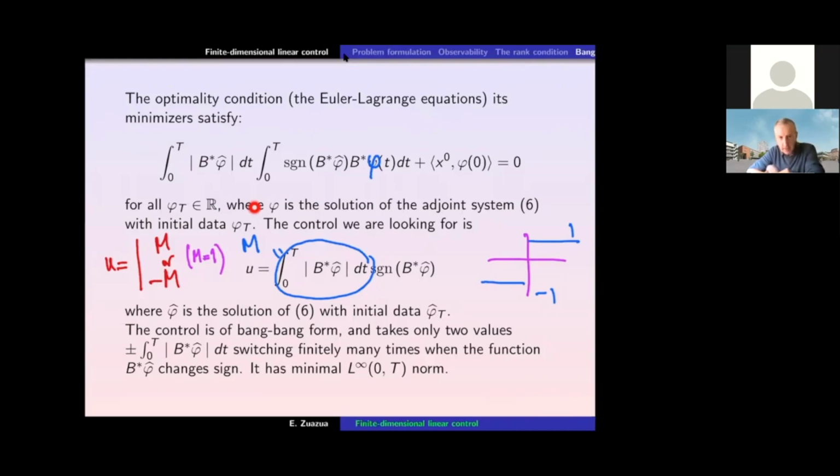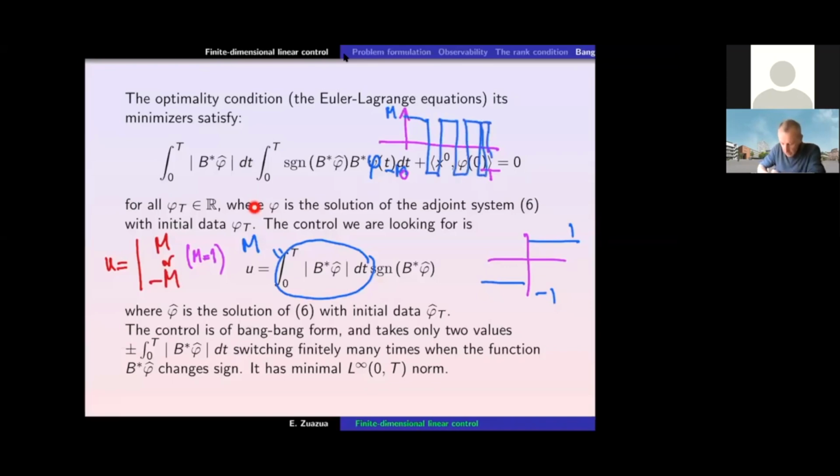Scale initial data. That's a good idea. So the idea of Cheche is that, you know, I had a time window, 0 to capital T, and I experience the need of jumping from M into minus M again and again and again.